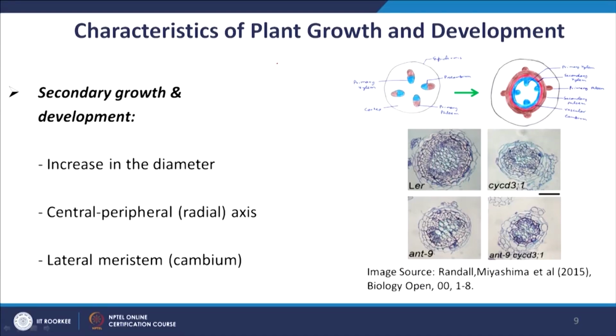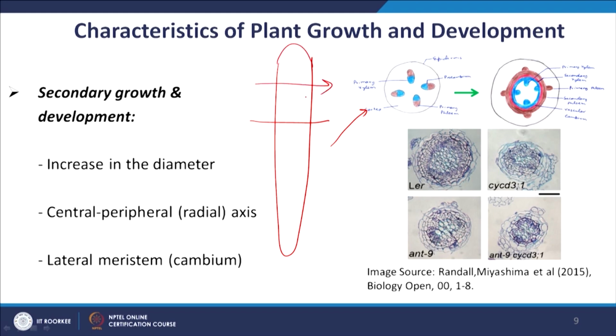If you look at a typical root and make a cross section at an early stage, this is the structure. Or you can take a shoot, no problem, make a cross section here, and you will find the same. These procambium meristems are positioned here, and they are part of the vascular bundles.